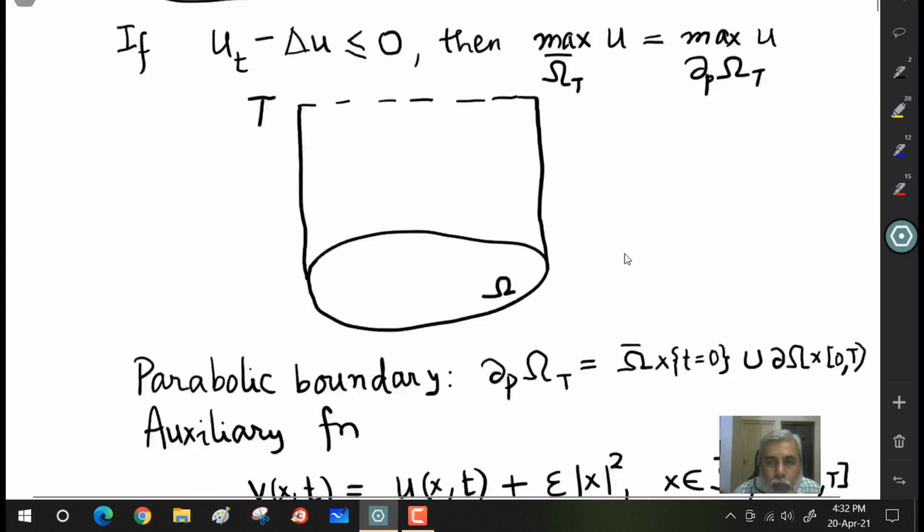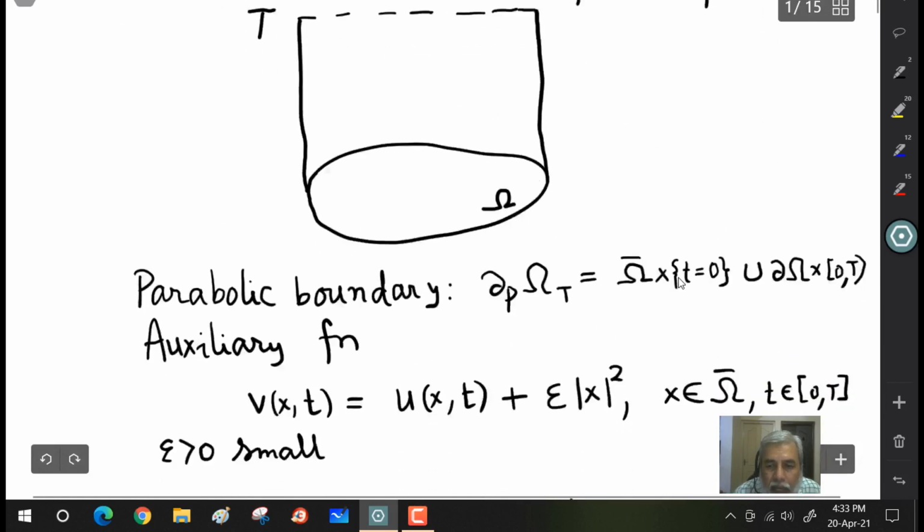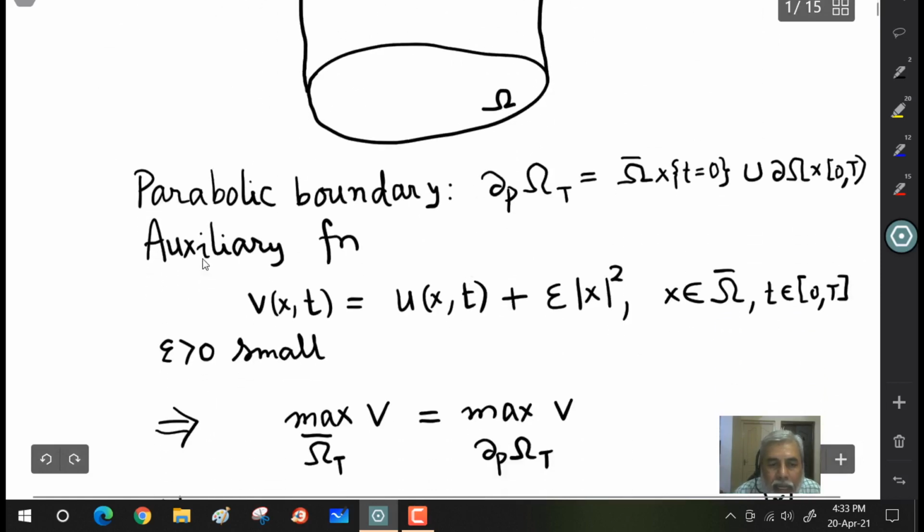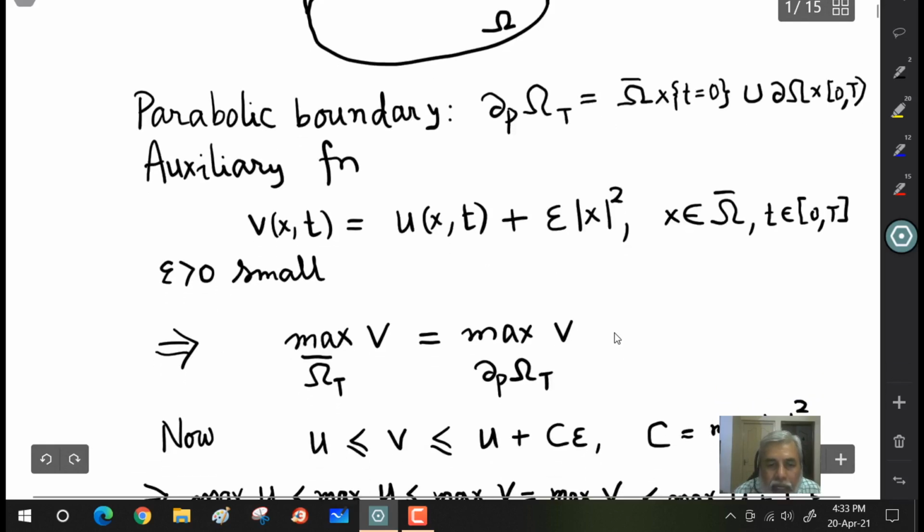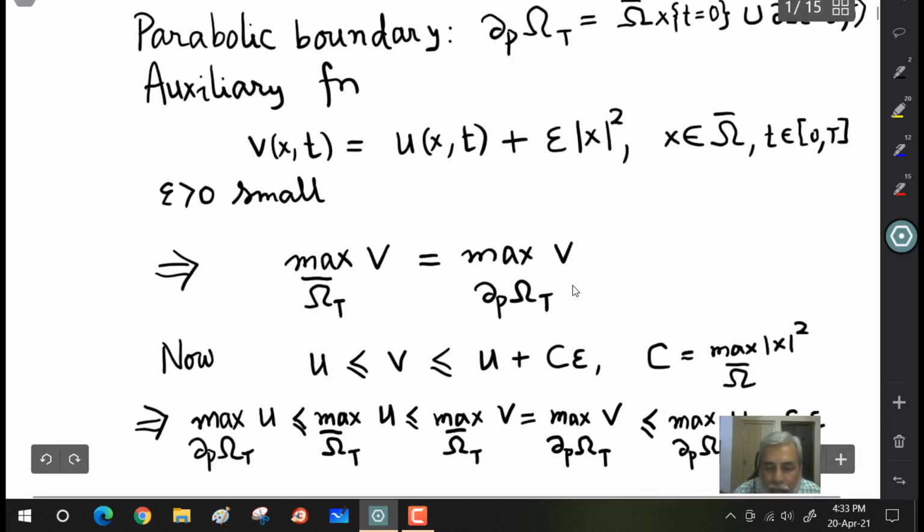The proof of this statement follows by taking the auxiliary function v(x,t) equal to u(x,t) plus epsilon |x|^2, where epsilon is a small positive number, and we showed that the maximum of v cannot occur outside the parabolic boundary. That in particular implies that the maximum of v over Omega_T closure is the same as the maximum of v over the parabolic boundary.